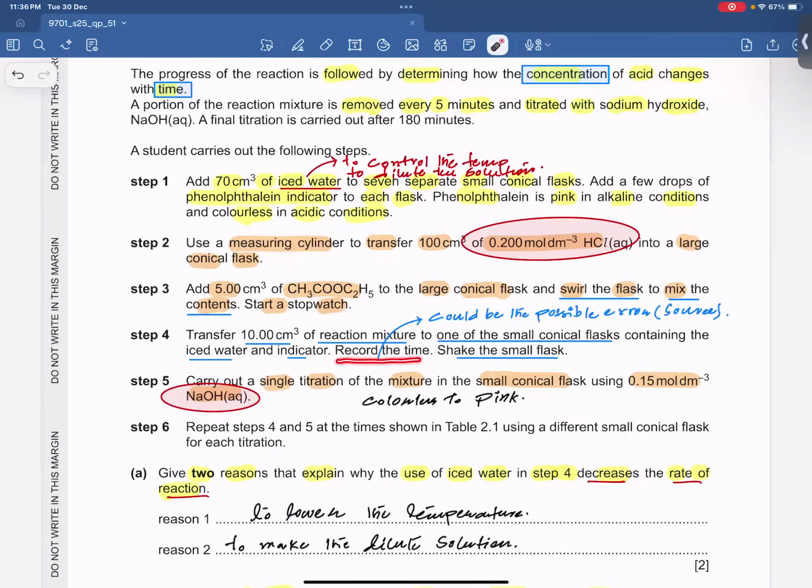So we were recording the time in step 4, which means the actual time of the sample removed was higher than the recorded time. So, which is why it was the possible source of error.